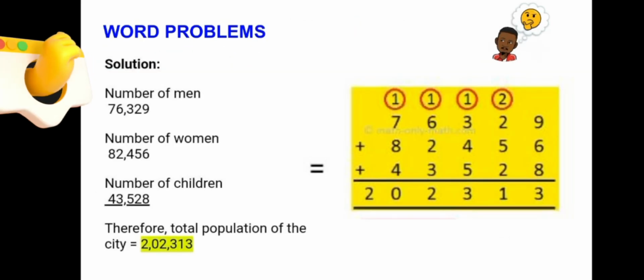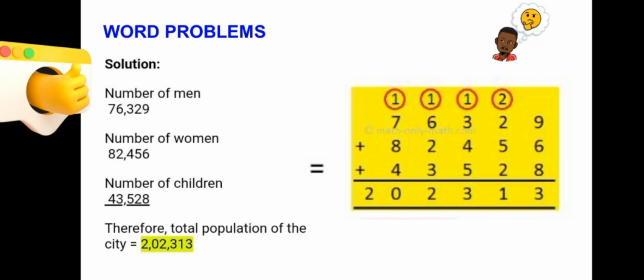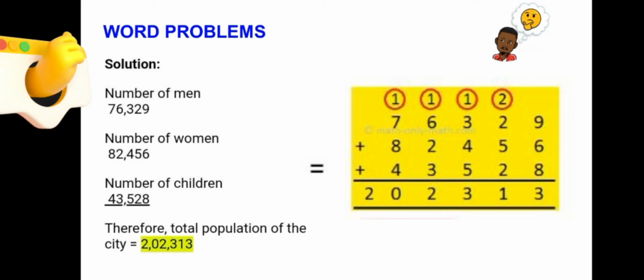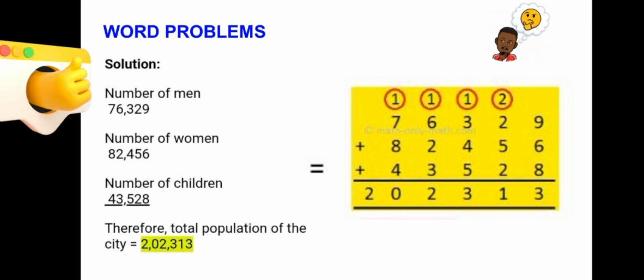All right. So the solution to the problem now is we have the number of men, which is 76,329. The number of women, 82,456. The number of children, 43,528.